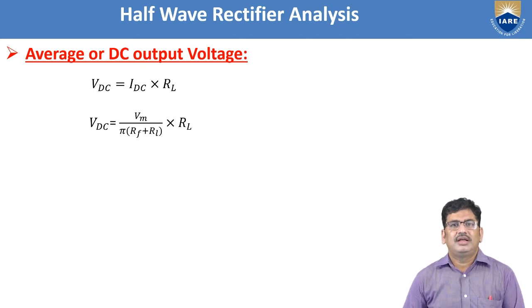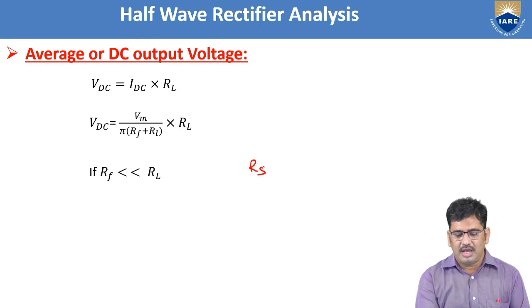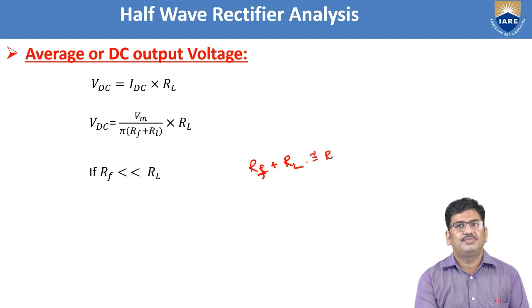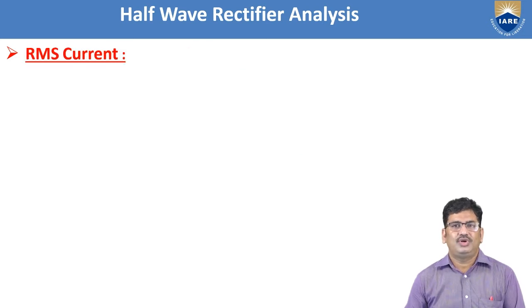As we know, the resistance of the diode, Rf, is much less than RL, so Rf plus RL is approximately equivalent to RL. Then we get VDC is equivalent to Vm by pi RL divided by RL. RL gets cancelled, so the remaining factor is Vm by pi, that is the average or DC output voltage.